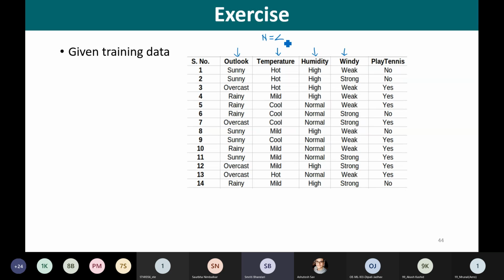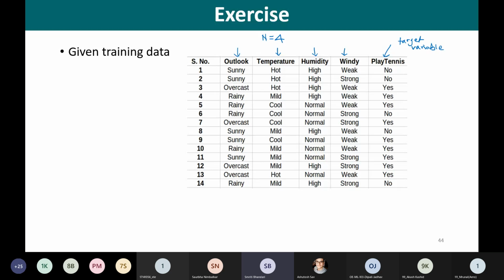So number of features n equal to 4, and this is our target variable, or we may say this is our dependent variable, play tennis, right? So given these 4 weather conditions, we are supposed to predict whether to play tennis or not, right? So this is the training data that is available with us. So presently we are having 14 instances in our training data set.